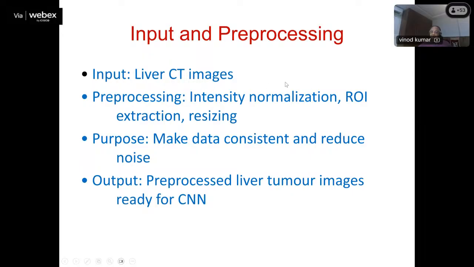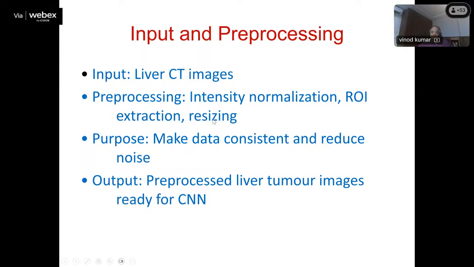Here we do intensity normalization because our experience was that for different images, the IROI and SROI ratio should be taken, or for the overall image, the intensity should be normalized. That means the average, maximum and minimum values of the image intensity should be brought into a particular range. Then ROI extraction and resizing.